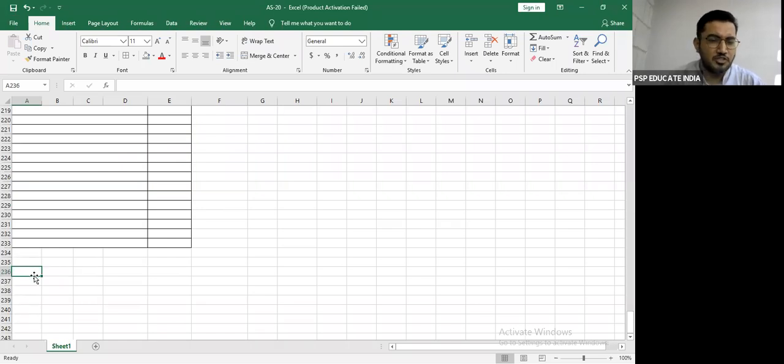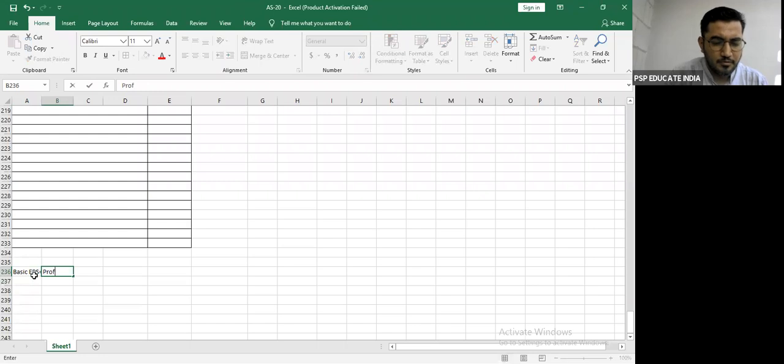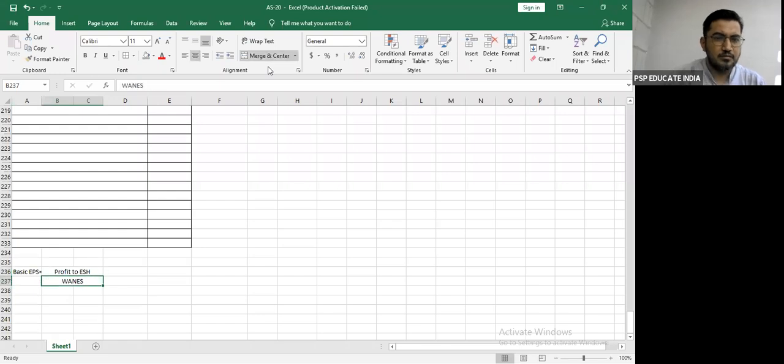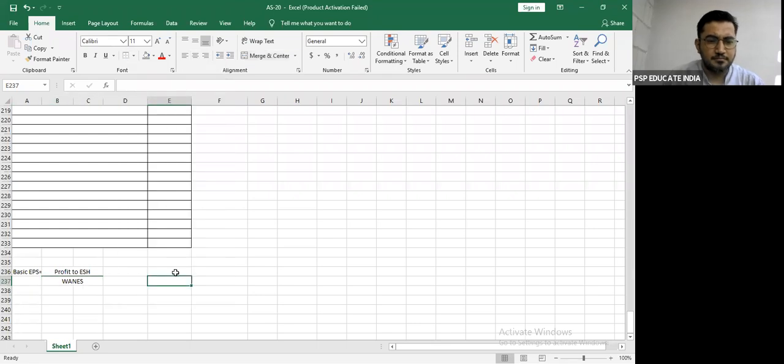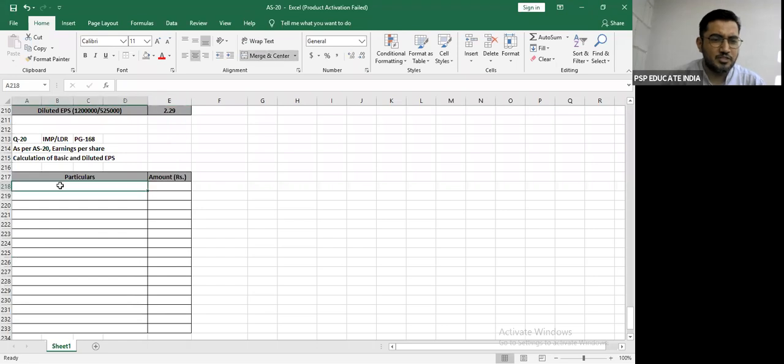Of course, 31st March 2015. Let's put our formula. Basic EPS is equal to profit to equity shareholders divided by veins. Your formula will be profit to equity shareholders divided by veins. Okay, let's calculate that.